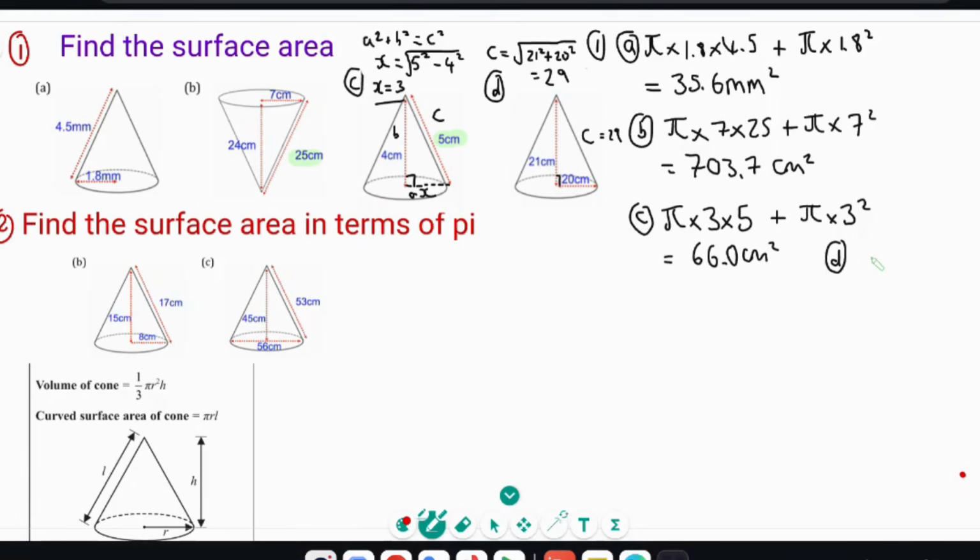So we need pi RL, pi times the radius, times the slant height, plus pi r squared.